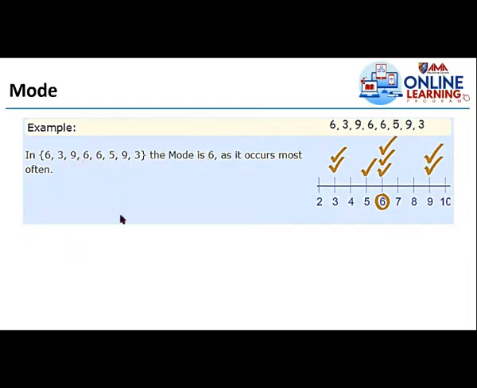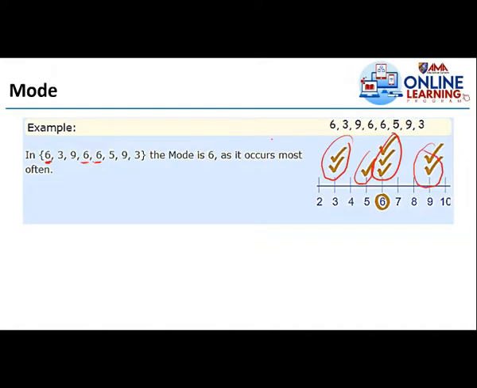Tingnan mo kung sino yung pinakamaraming repetition of the same digit. In this case, yung 6. Siya yung pinaka-frequent na na-repeat. 3 beses ang 6, 2 beses ang 3, 1 beses ang 5, 2 beses ang 9.